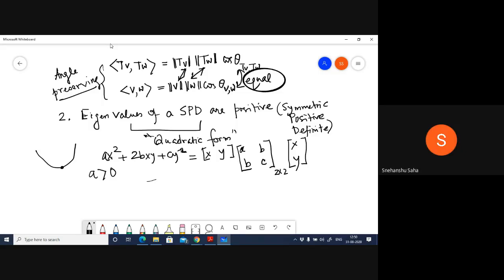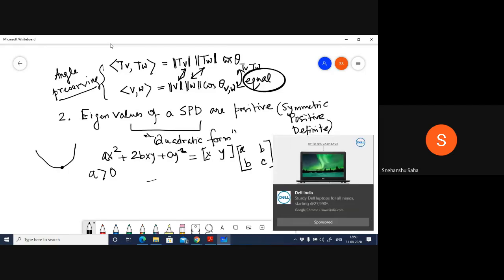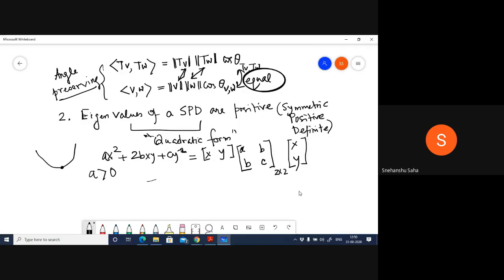Also, Rahul, can you tell me in this 2x2 linear transformation or matrix, what is the determinant of this? It's easy, right? It's a 2x2. What is the determinant of this? Sir, AC minus B square. Yes, very good.